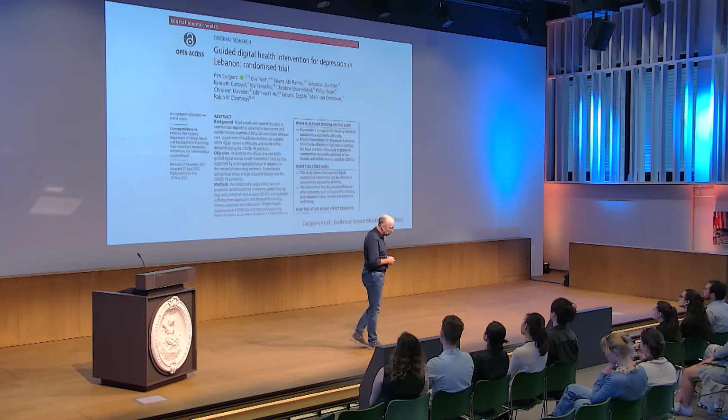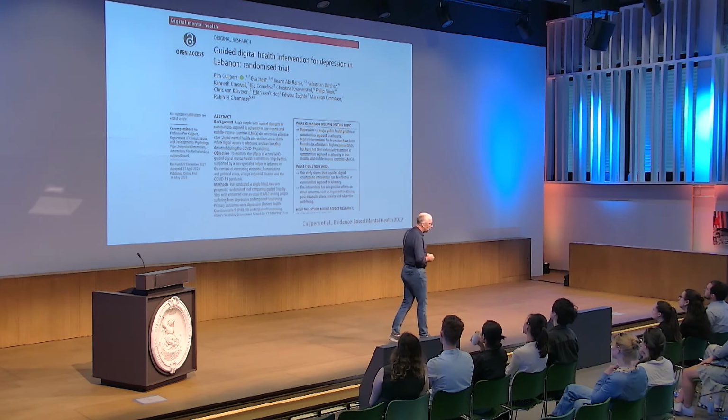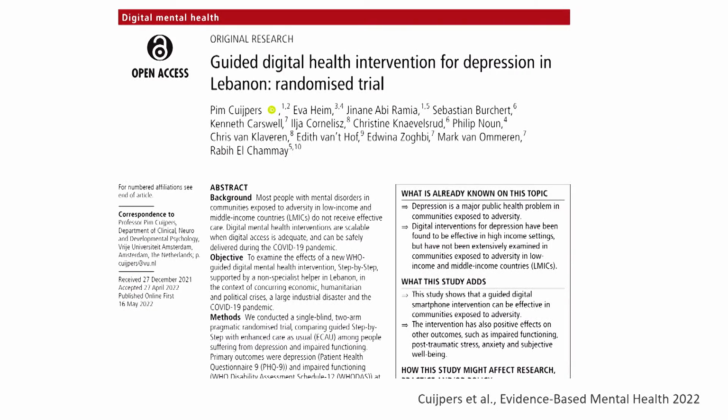We did one big trial in Lebanon in Syrian refugees and in other people living in Lebanon. It was one big randomized trial, but we stratified across Syrian refugees and other people in Lebanon, so that we had enough people in each of these two groups.